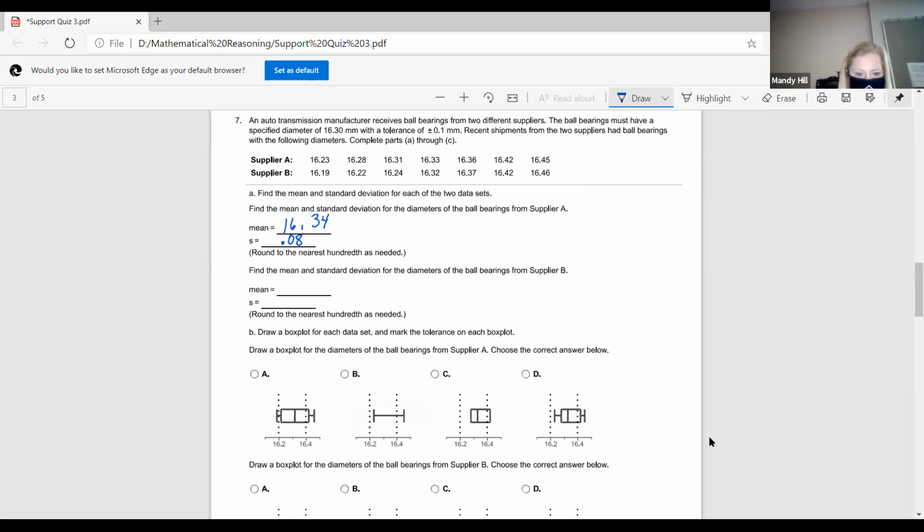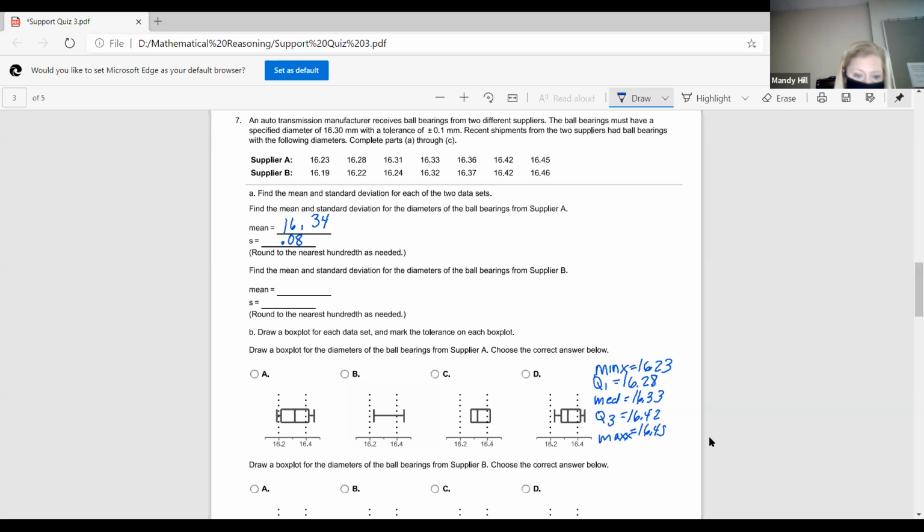Then I'm going to skip down to this part, which I jotted down that our 5-number summary was the minimum X was 16.23, quartile 1, 16.28, the median 16.33, quartile 3 is 16.42, and the maximum X was 16.45. Okay, so we need the one that matches this.